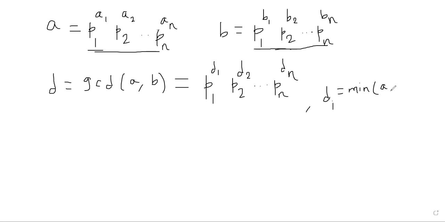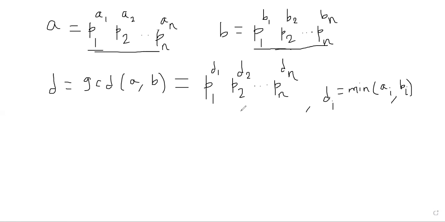That's the reason why in the example I was selecting the smaller power, because I'm computing the minimum of the corresponding powers. We need to prove that the GCD of a and b is a number d which has this structure.